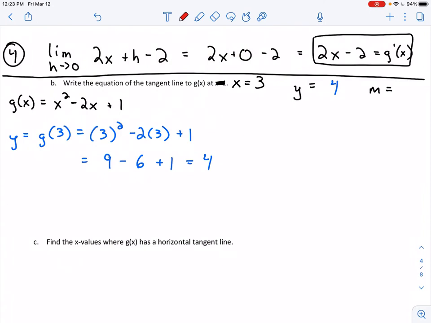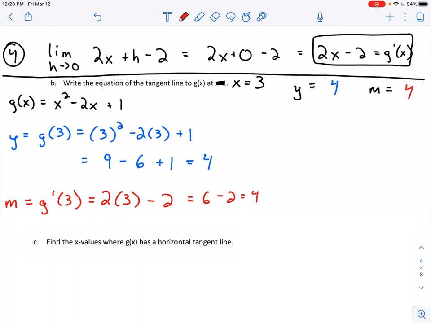So to find our slope, we'll look at g prime of 3. So here that's 2 times 3 minus 2. 2 times x equals 3 minus 2. So 2 times 3 is 6 minus 2. Here I end up with a slope of 4.